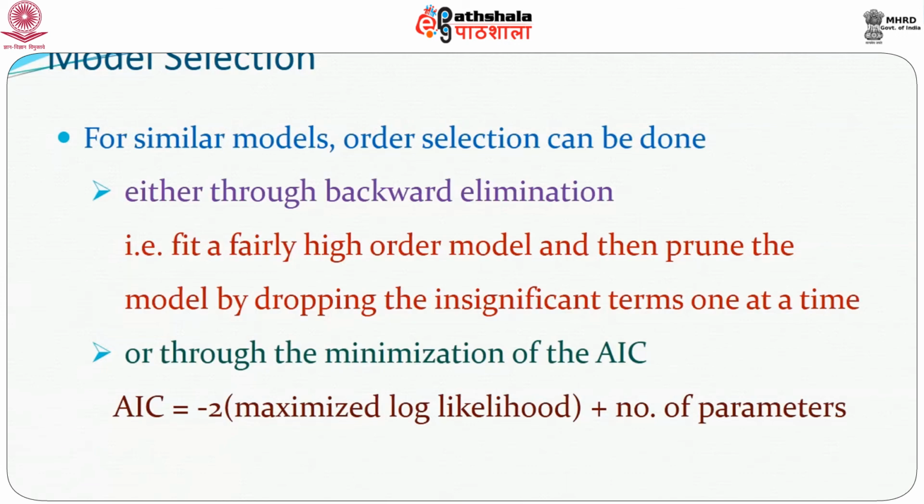Hence there is a trade-off, and minimizing the AIC leads to a model where we do not have unnecessarily many parameters or variables involved.